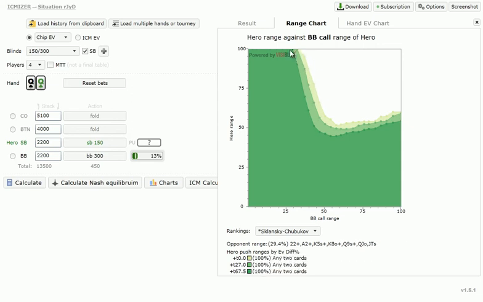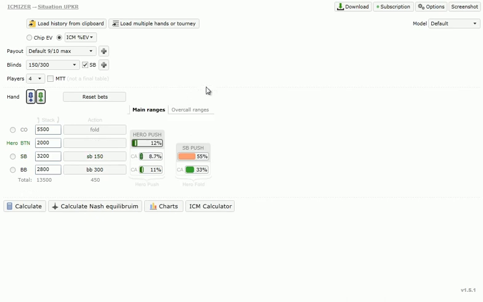We can see that in a GPV spot, the opponent could be calling with 29% of hands, and we would still be pushing 100% of hands. And if he was calling with 57% of hands, we would be able to push 51% of hands. And that wasn't the case when we were pressured by ICM.